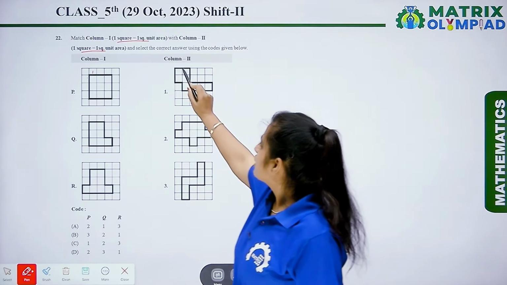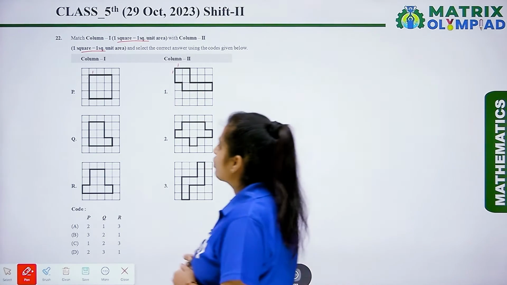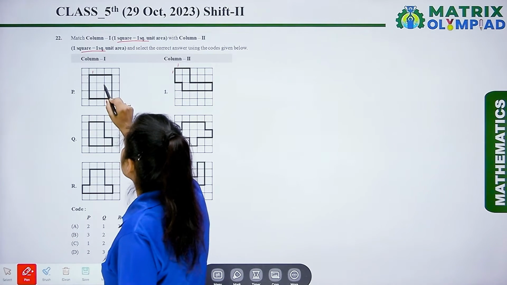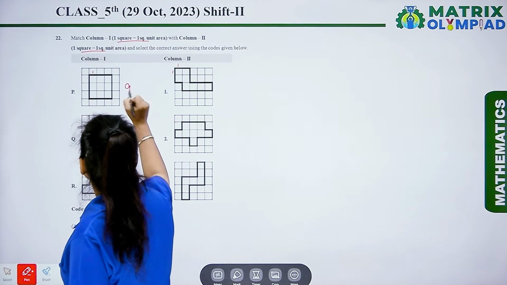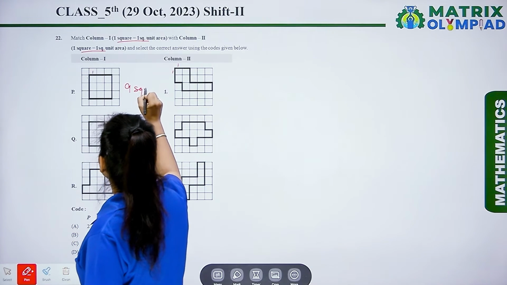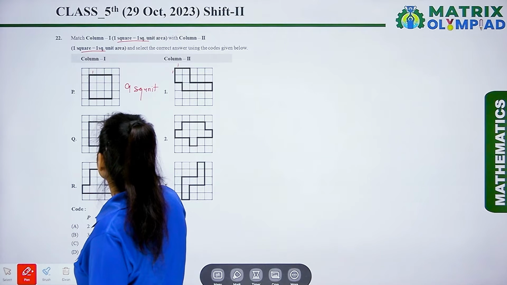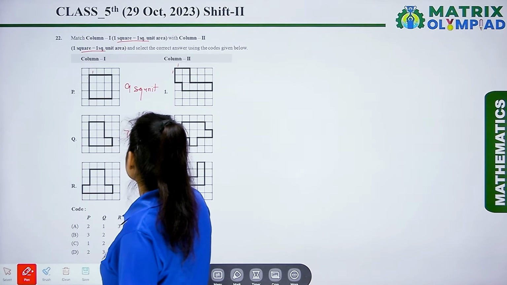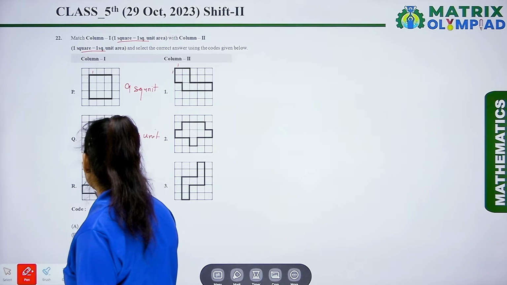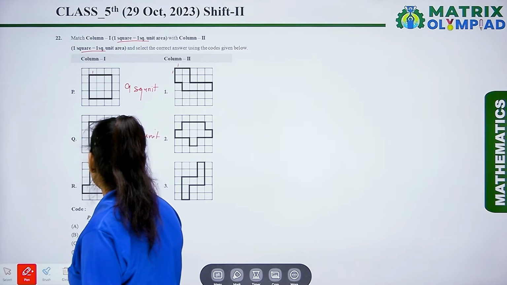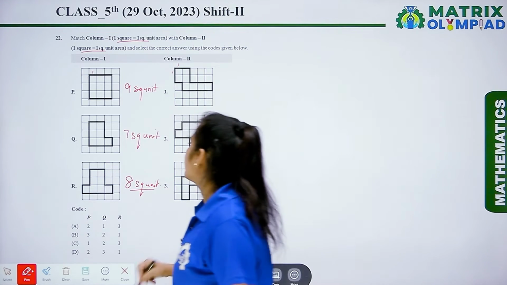It means the side of a square is 1. So let's calculate the area. So here the area of P part is 9 square unit. Next one is 7 square unit. And the last one is 8 square unit. So column 1 we have completed.